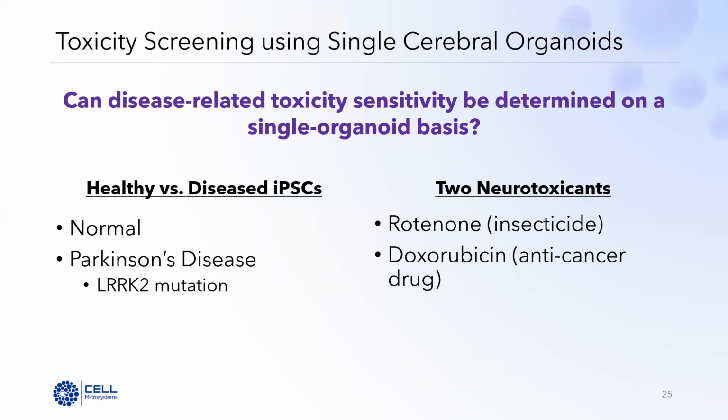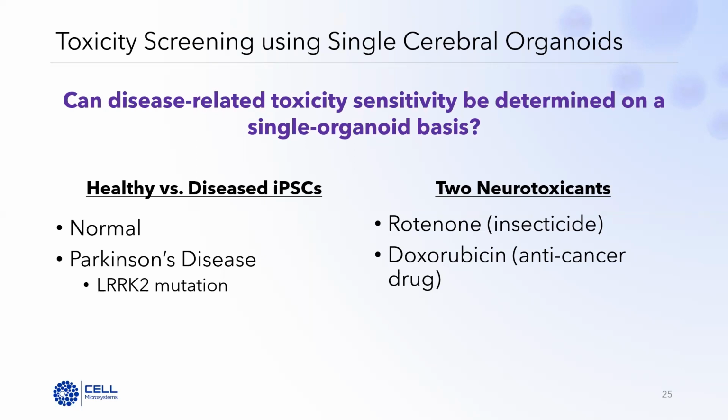In this particular experiment, we wanted to address a biological question: can we parse out toxicity sensitivity between diseased and normal iPSCs? For this, we've used a healthy normal iPSC line and an iPSC line that was derived from a Parkinson's patient with this LRRK2 mutation.